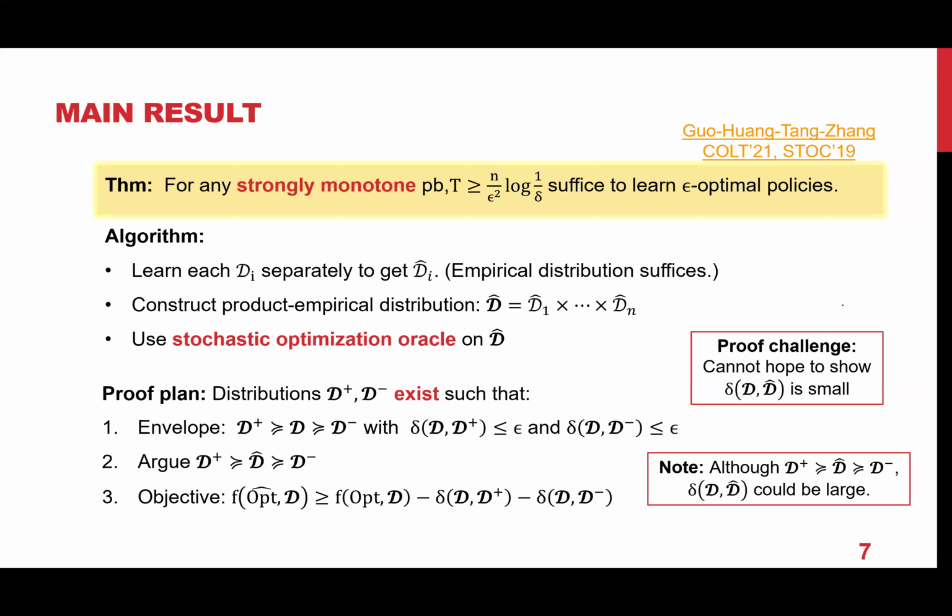Although the learned distribution's TV distance is going to be very far off from D minus and D plus, because D plus and D minus have small TV distance to D, and it's impossible for you to learn a D hat which is close to D in TV distance. So D hat is actually going to be very far from D plus and D minus in the TV distance sense. But in the majorization sense, it's going to be in between the two. And so that will basically suffice.